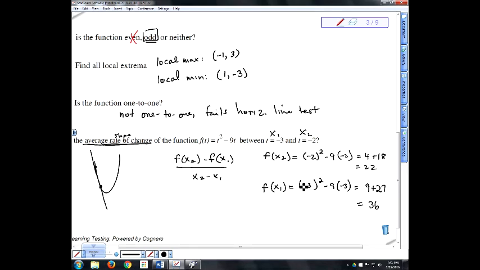So f of x2 minus f of x1 is going to be 22 minus 36 all over x2 minus x1, so that's negative 2 minus negative 3. This becomes negative 14 all over 1, which equals negative 14.